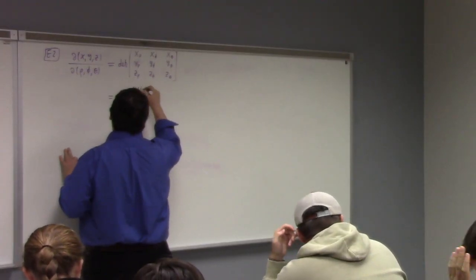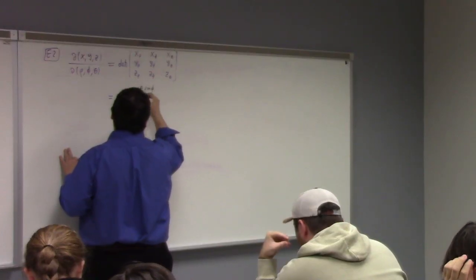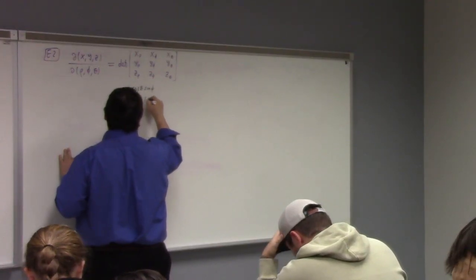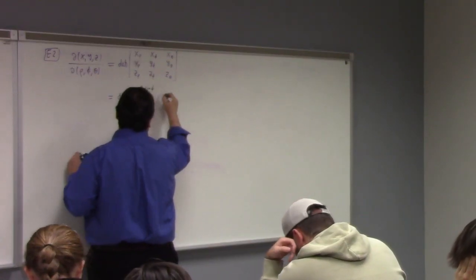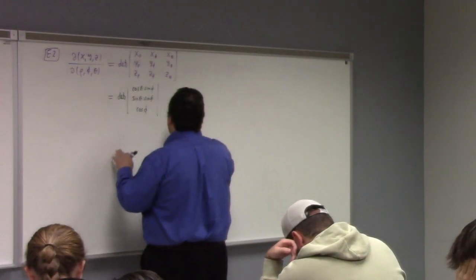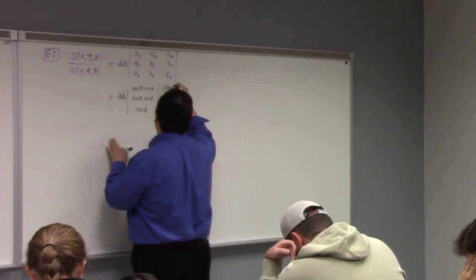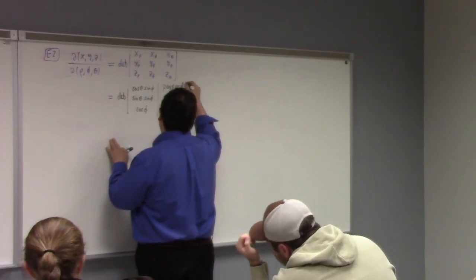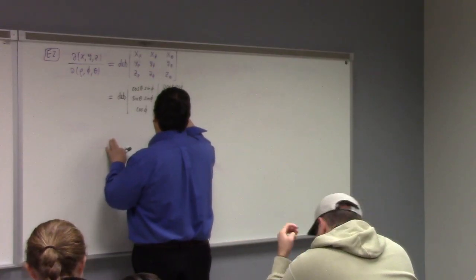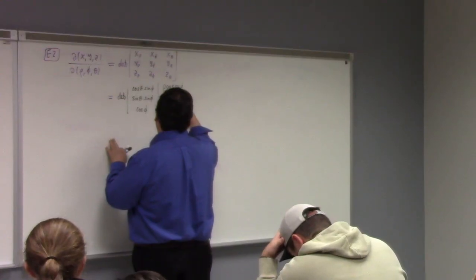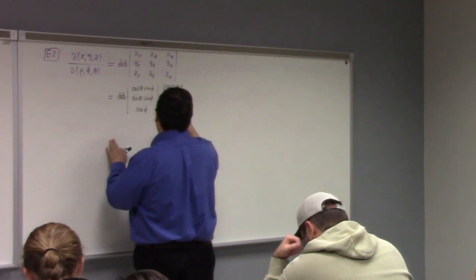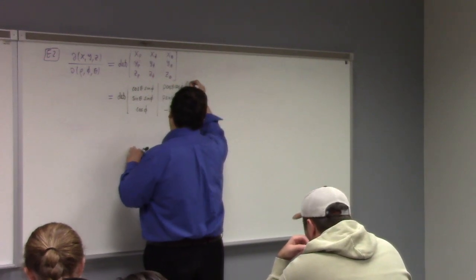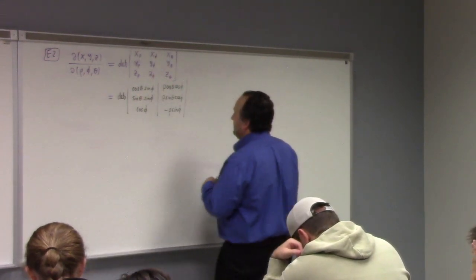That just gives us cosine theta sine phi, sine theta sine phi, and cosine phi. That's my first column. Now the phi derivatives, I've got rho cos theta cos phi, rho sine theta cos phi, and minus rho sine phi for my last entry there.